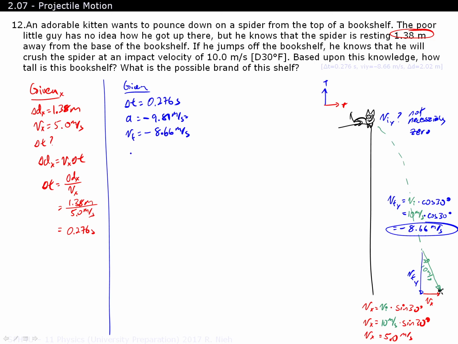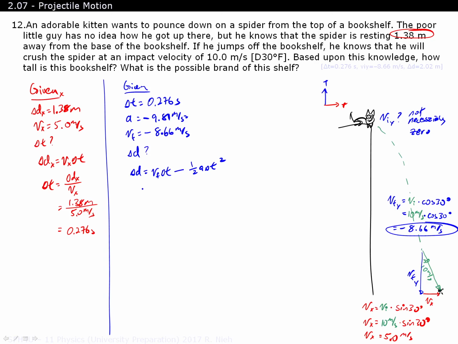With this, we could solve for two things. We can solve for delta d, and we can also solve for Vi if we wanted to. All right, and as I said, Viy doesn't necessarily have to be 0, so you could calculate it if you want to. But we'll just leave it with delta d. Okay, so we'll have to use this unique formula, which is Vf delta t subtract 1/2 a delta t squared.